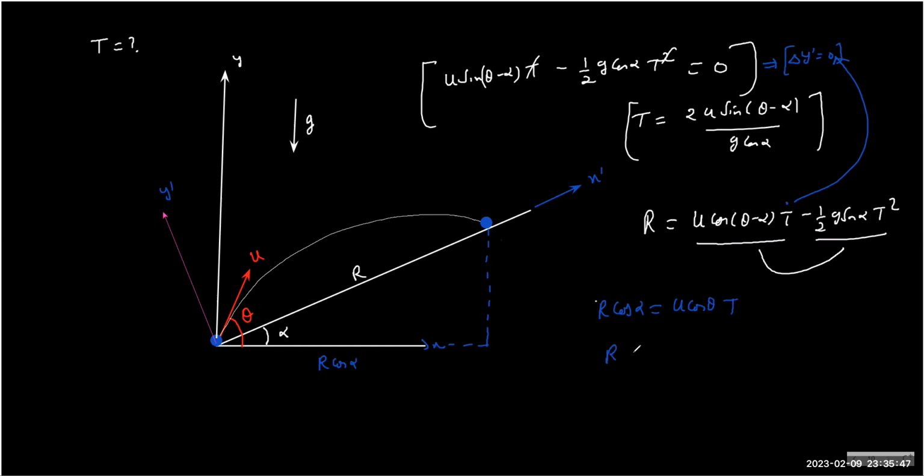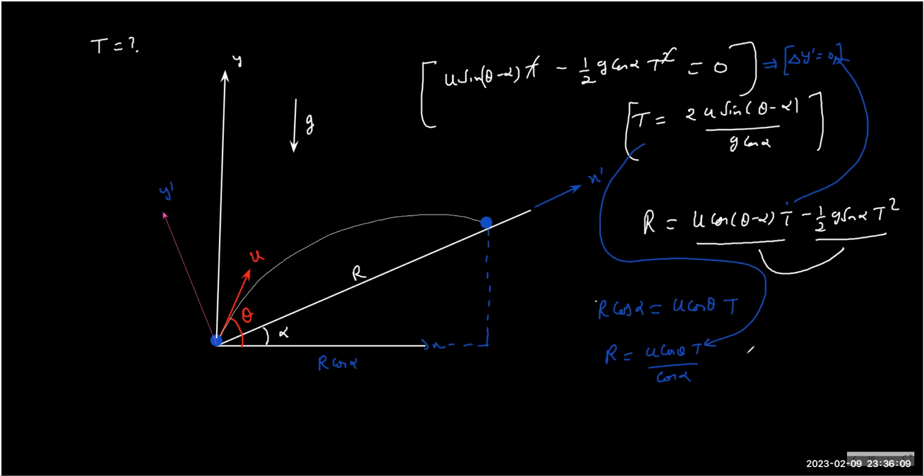And so my answer is simple, R equals to. And T I know from here. I can substitute, I'll get the answer in a much faster and more efficient manner, isn't it? Yes, sir. You have to think that way.